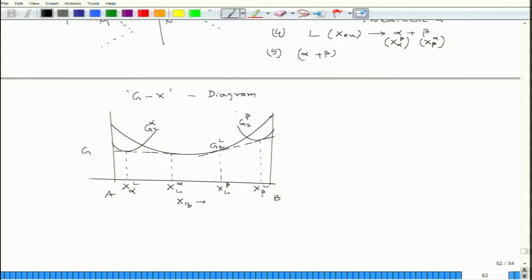So, this particular situation tells us, for example, if I take a composition, let us say this one, X1, what is the way to go forward? I will draw a tangent over this liquid line like this, and once I draw this tangent I can see that the G2 lines of all the solid phases, either alpha or beta, are actually above that tangent line.